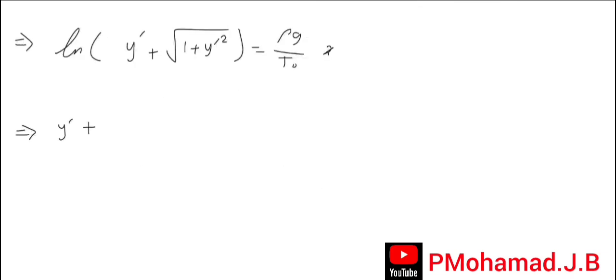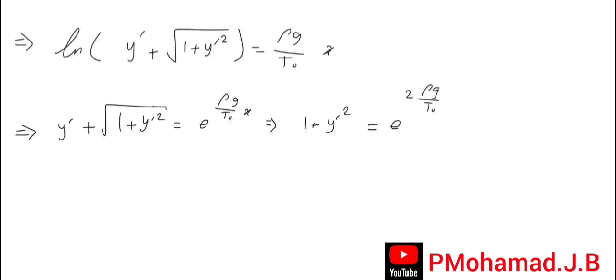So we have y prime plus radical 1 plus y prime squared equal to the exponential of rho g divided by t0 x. Okay, and so I want to actually have y prime pure: radical 1 plus y prime squared is equal to e to the power of rho g divided by t0 x minus y prime, and squaring, 1 plus y prime squared is equal to e to the power of 2 rho g divided by t0 x plus y prime squared minus 2y prime e to the power of rho g divided by t0 x.